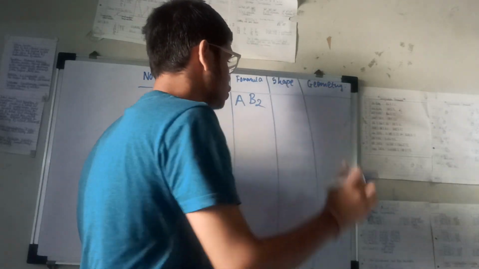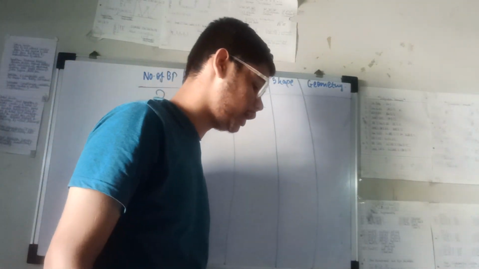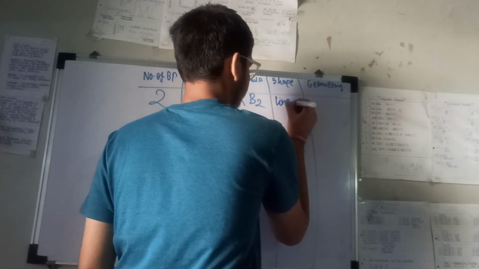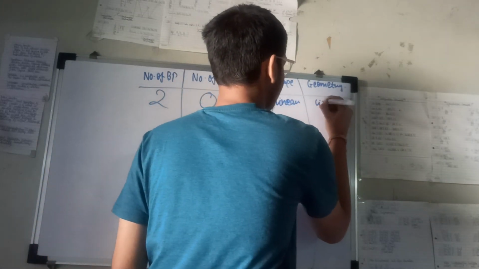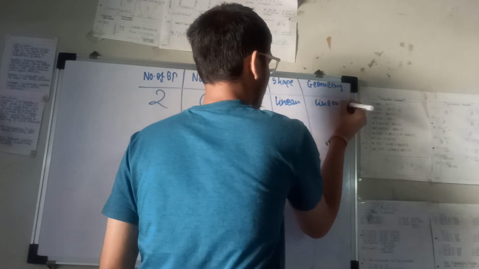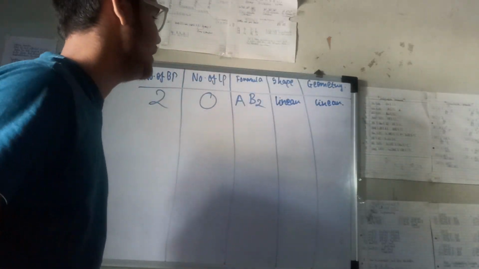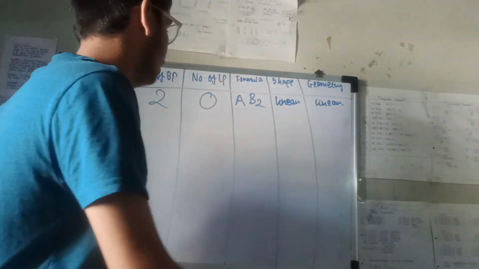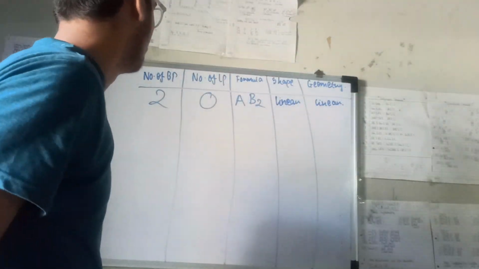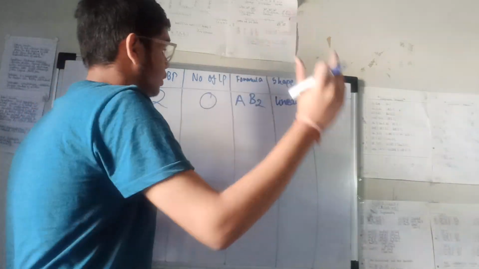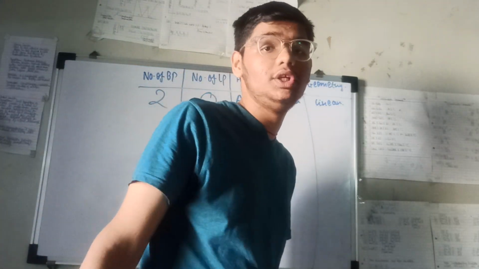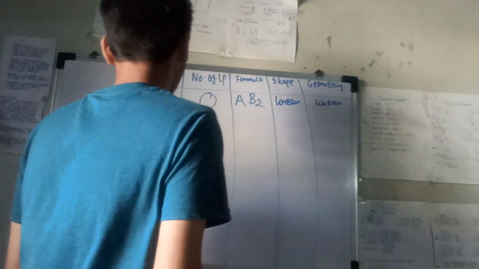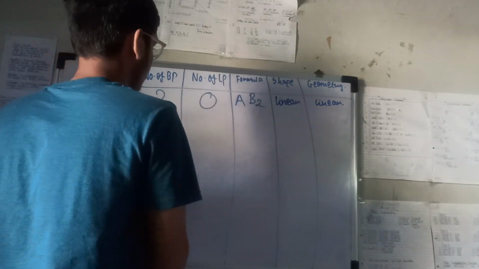Linear, geometry also linear. So we can conclude that if Z is equal to 2, the geometry is linear, and if there is no lone pair, the shape is also linear. If there are no lone pairs, shape is equal to geometry.